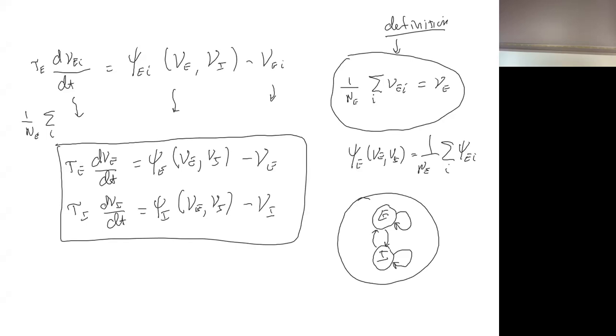Now, there's one more thing we need to know, which was kind of alluded to on this page, is these gain functions are kind of steep. Okay, so if you plot psi E versus nu E, it goes up to 100 hertz. Its maximum is about 100 hertz.